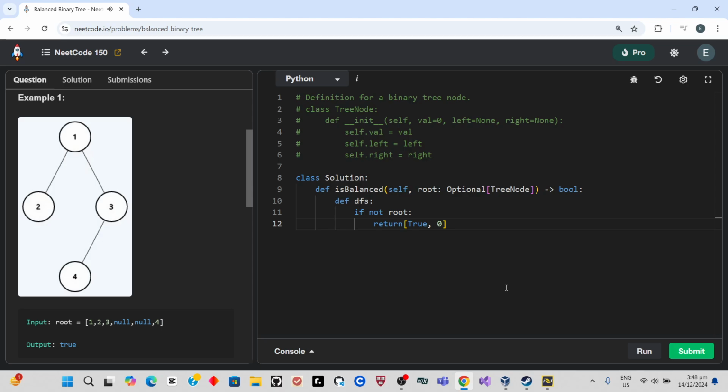So, define: if it's not root, return true, 0. And we're going to have to DFS root dot left and DFS root dot right.